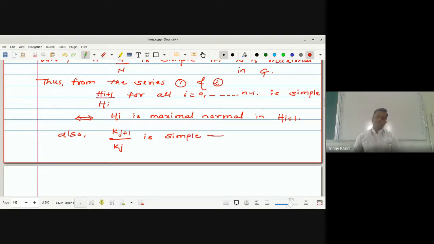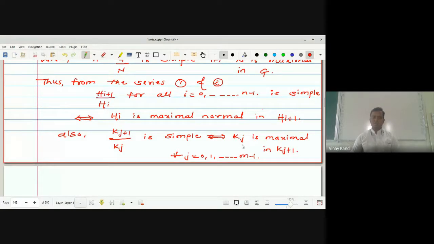This implies, and is implied by the above theorem, that Kj is maximal in Kj plus 1, for all j running from 0, 1 up to m minus 1. Here Kj is maximal in Kj plus 1.